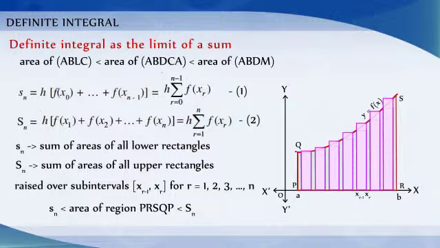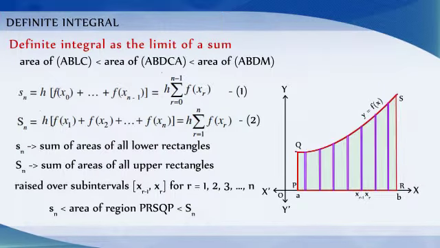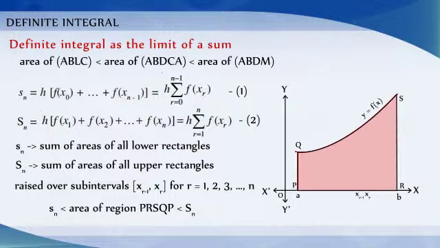As n approaches infinity, strips become narrower and narrower. It is assumed that the limiting values of 2 and 3 are the same in both cases, and the common limiting value is the required area under the curve.